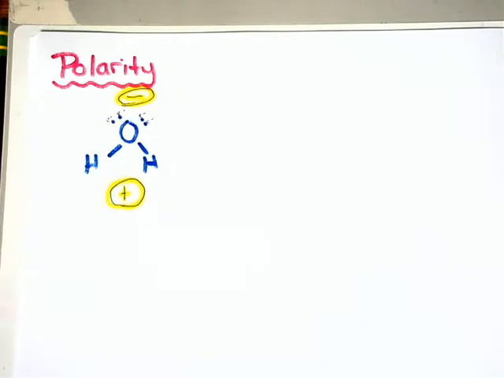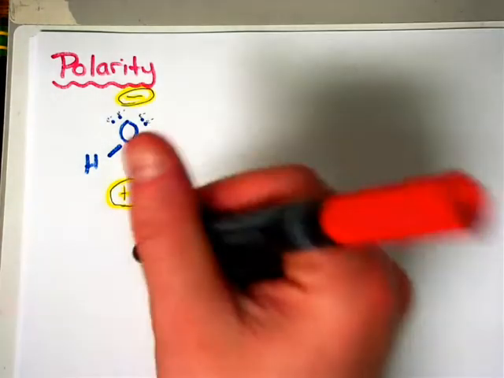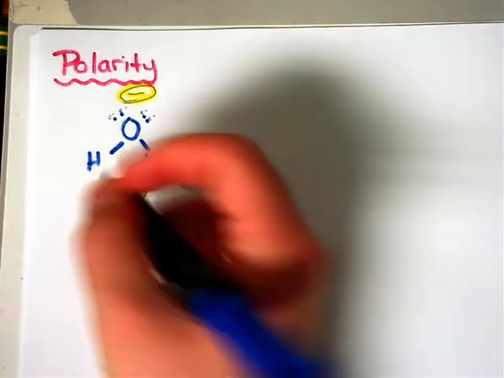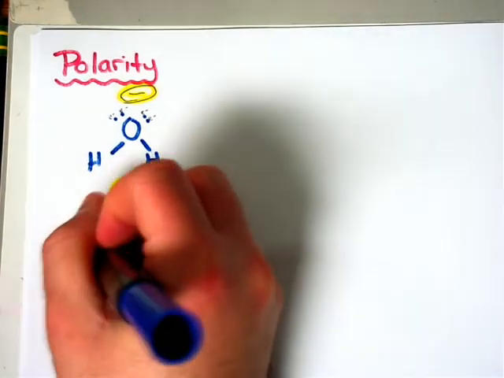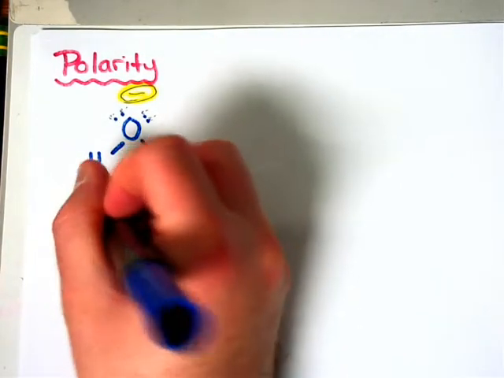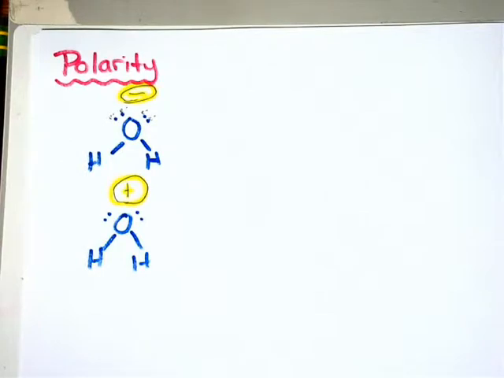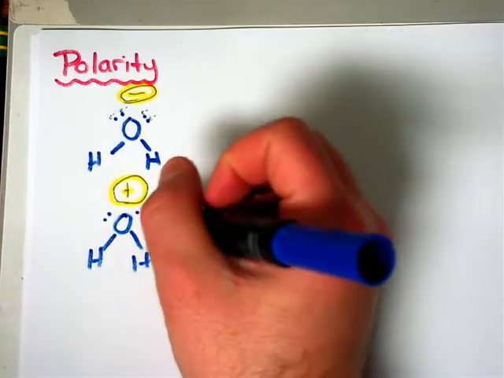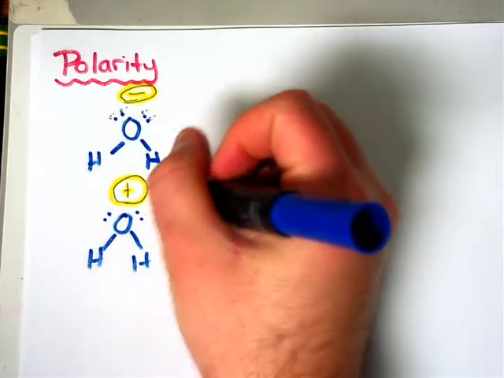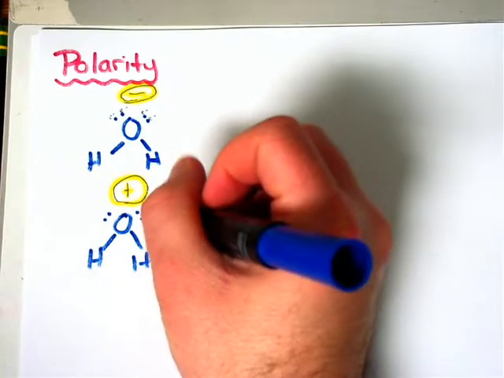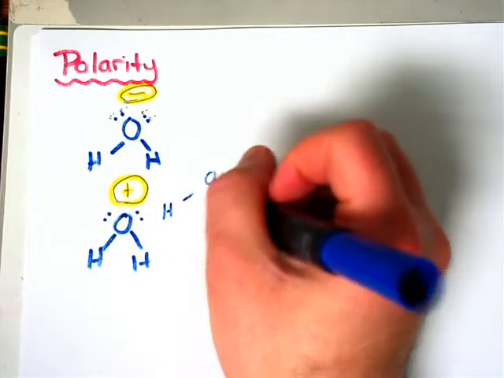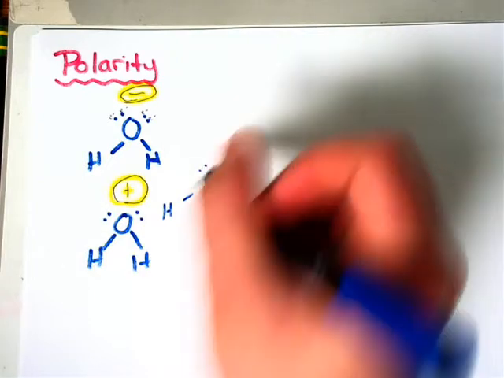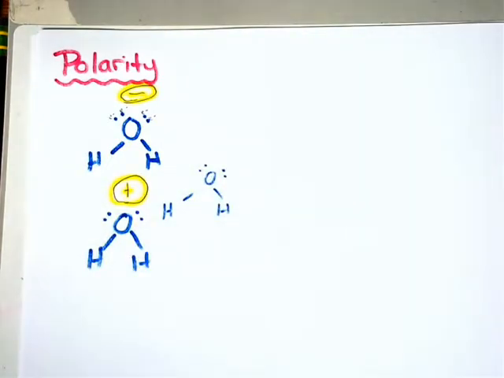So what if I introduced another water molecule? It would make sense that the oxygen end would want to go to this side, just like that. What if I wanted to put another water molecule right through this zone? I probably should put my H right there. Does that make sense why I'm doing that?